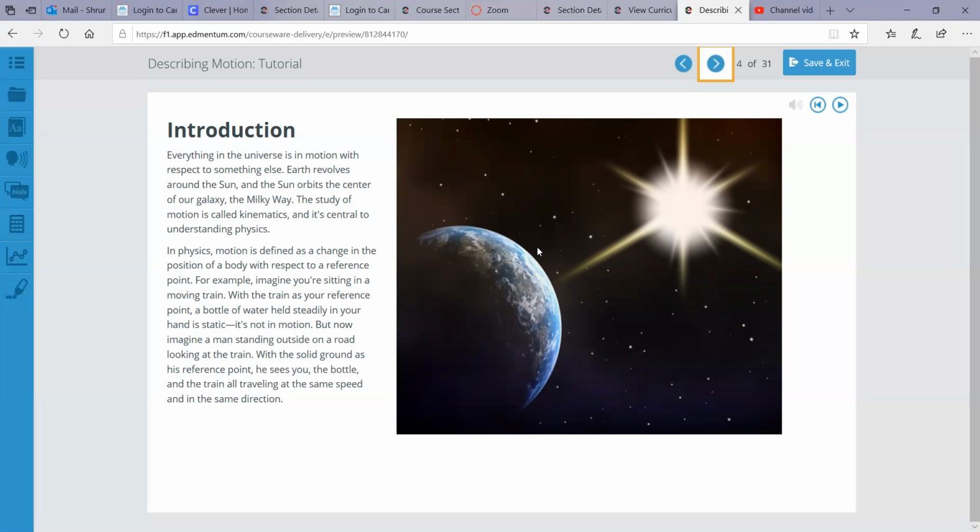It's very key to understanding the entire field of physics. So in physics, motion is defined as a change in the position of a body with respect to a reference point. Imagine you're sitting in a moving train. With the train as your reference point, a bottle of water held steadily in your hand is static. It is not moving in terms of the train versus the water bottle.